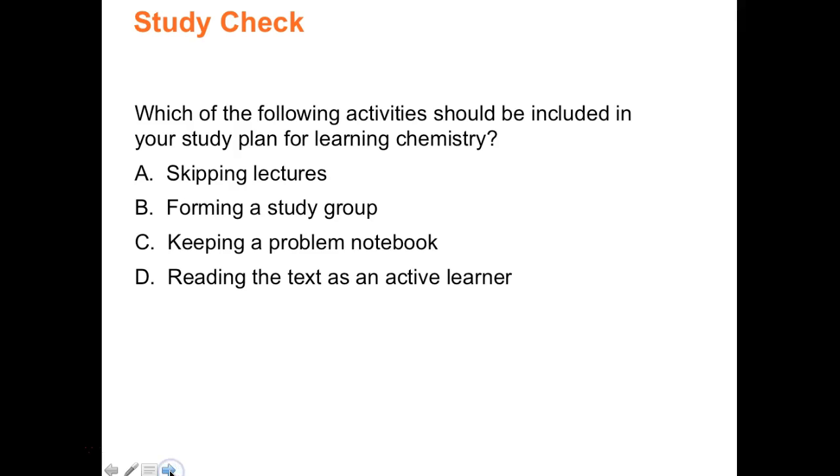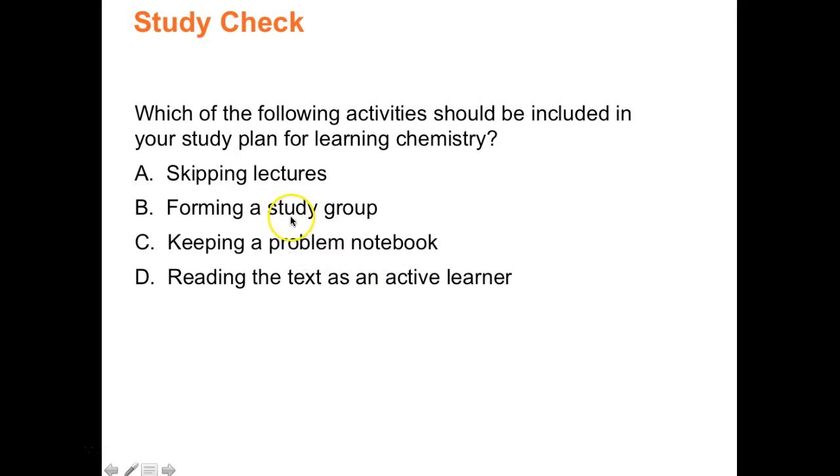So which of the following activities should be included in your study plan for learning chemistry? Skipping lectures, not wise. Forming a study group, definitely. Keeping a problem notebook, yes, well advised. Reading the text as an active learner, again, a good plan.